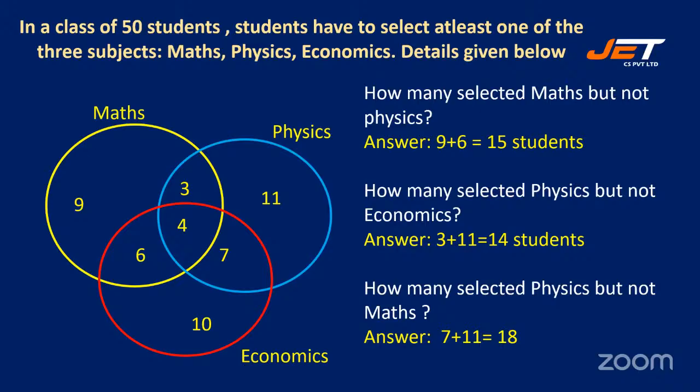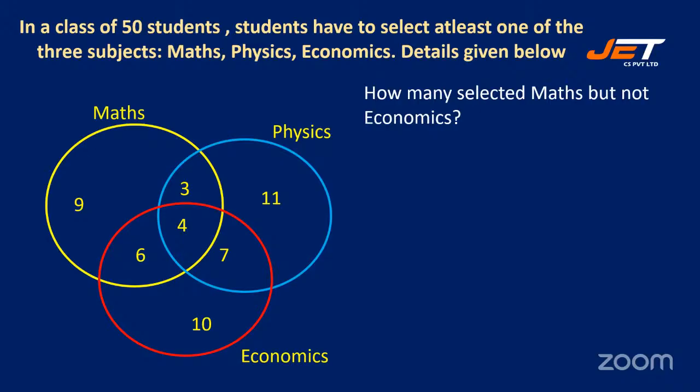Right, next, how many selected maths but not economics? So you will take 9 plus 3, which is 12 students.